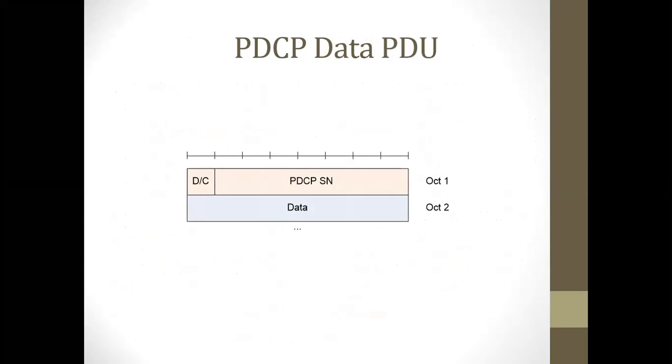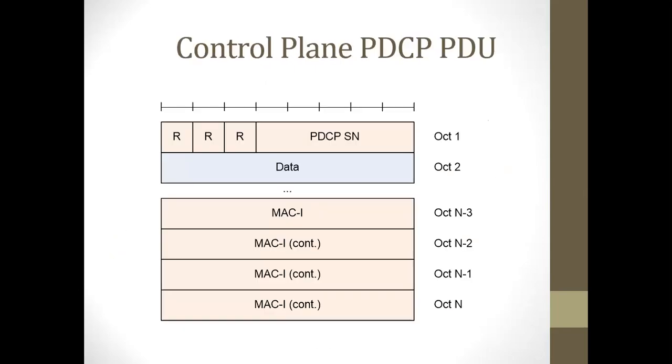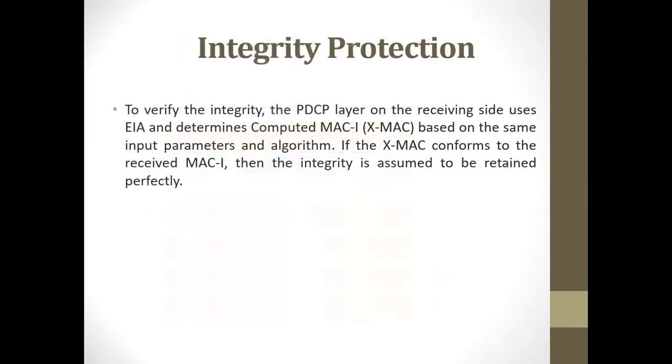So for control plane, you have your message after PDCP-SN, and after the message, for your actual content to carry, you add the generated code MAC-I. The receiving side will generate the same thing, but it will call it XMAC-I. And then it will check whether these two match. If they don't match, understand, okay, something has happened.